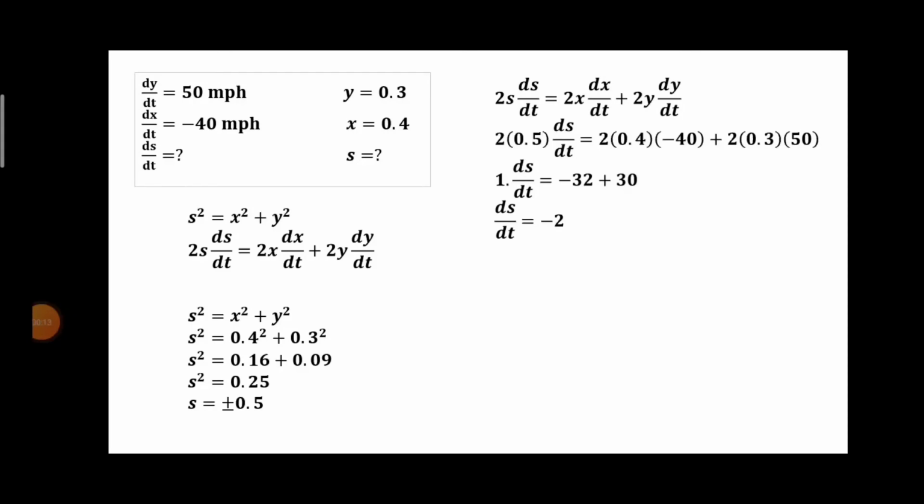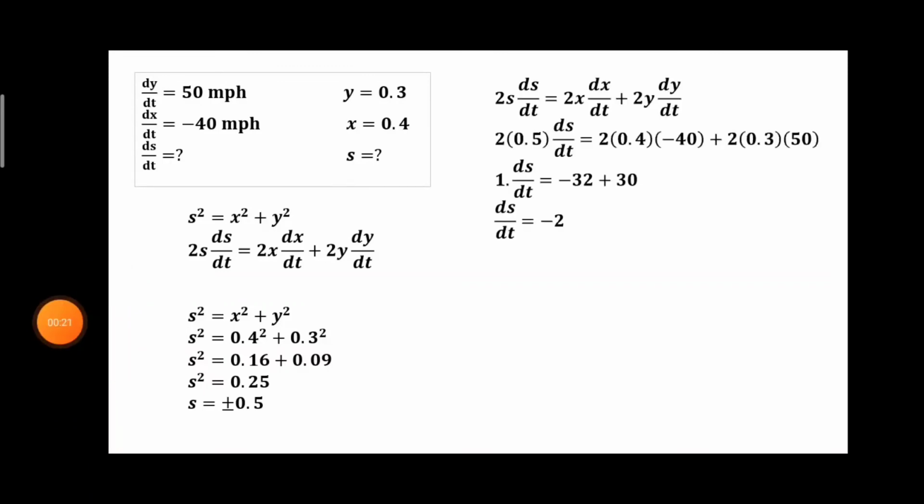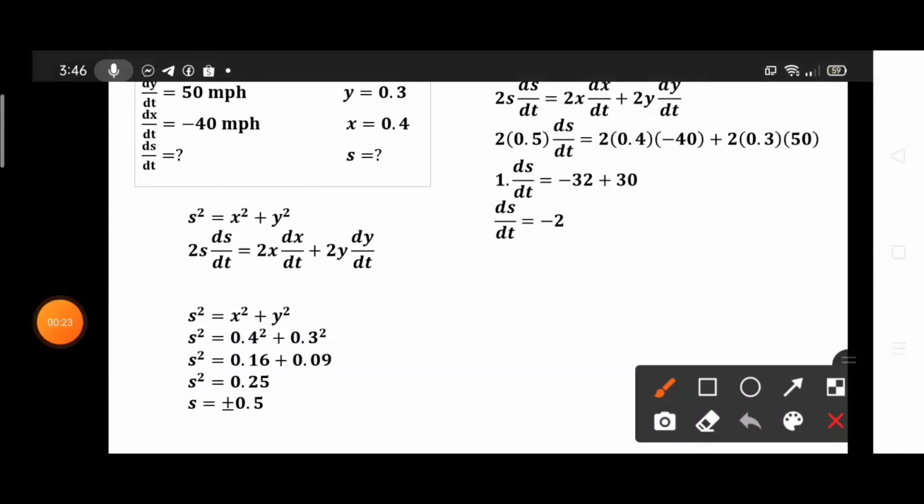So we have 2 times 0.5 ds/dt equals 2 times 0.4 times dx/dt, which is negative 40, plus 2 times 0.3 times 50 miles per hour.